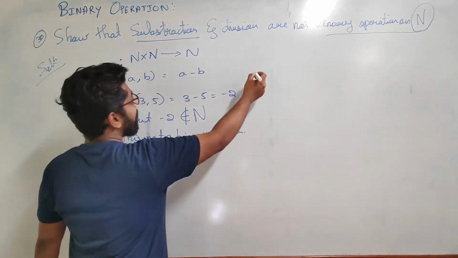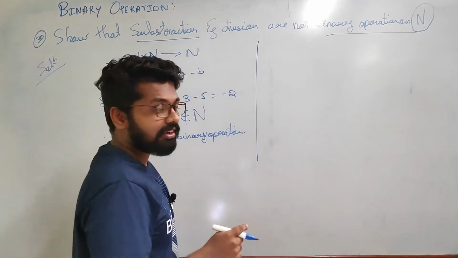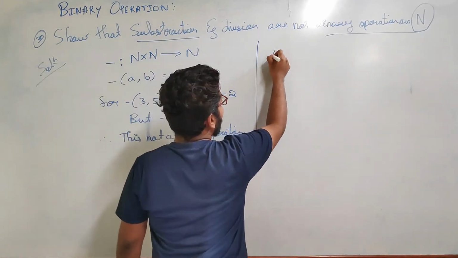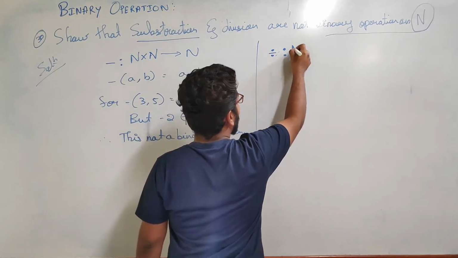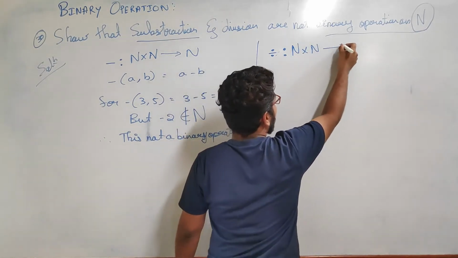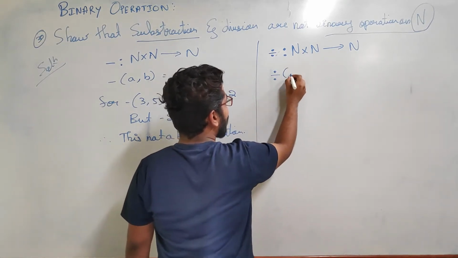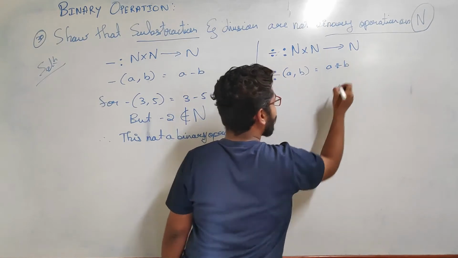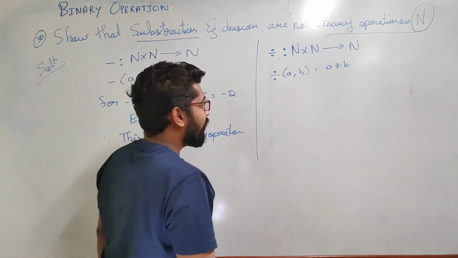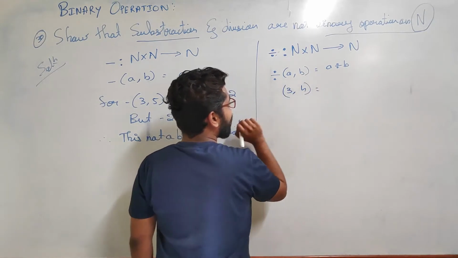to the set of natural numbers, therefore this is not a binary operation. Let us see the second part. Again the binary operation is defined on the set capital N. So division maps from N cross N to N, defined as division of (a, b) equals a divided by b. Now I'll consider (3, 4).